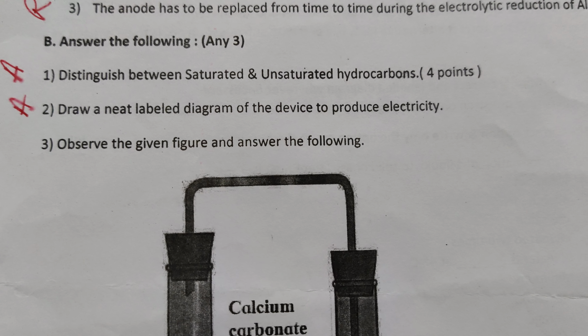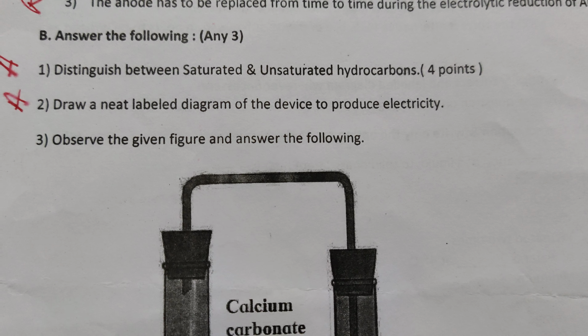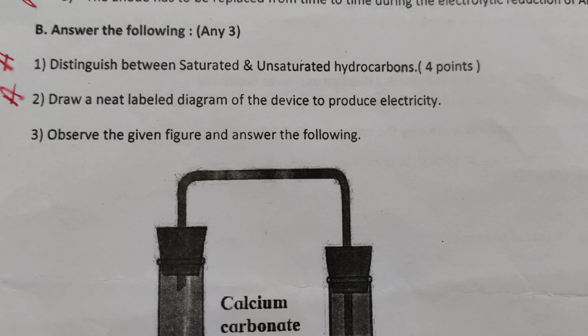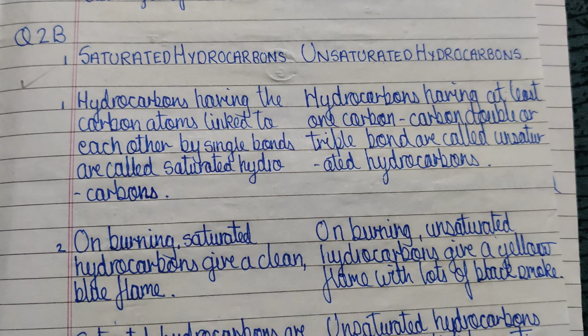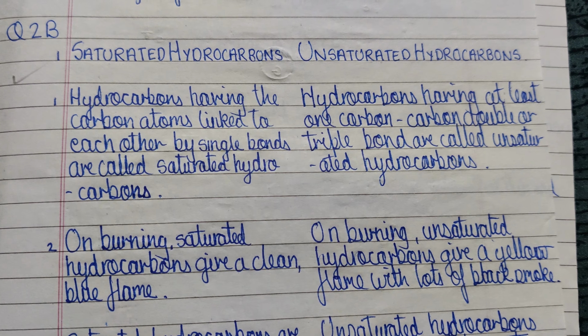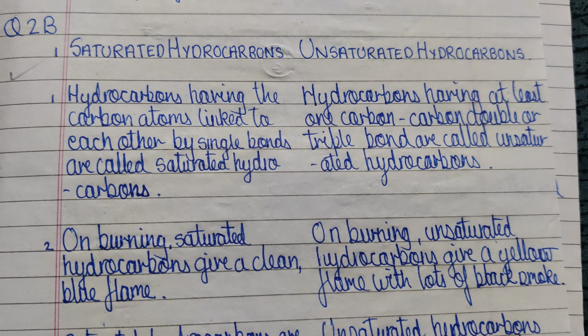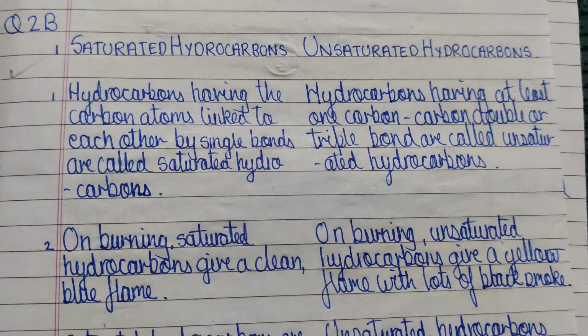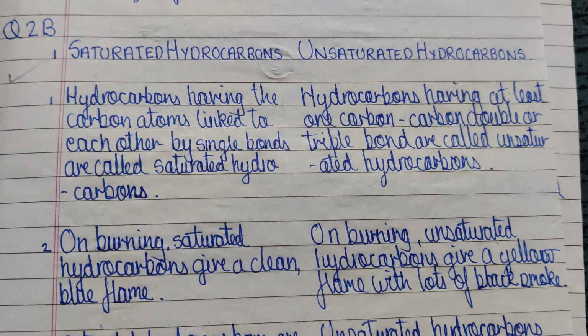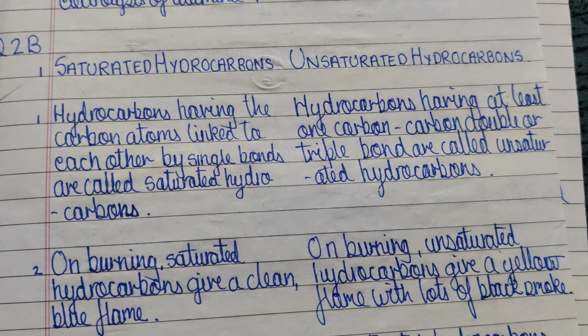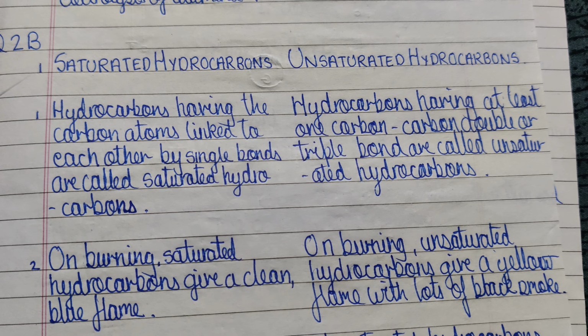Distinguish between saturated and unsaturated hydrocarbons, giving 4 points. Saturated hydrocarbons and unsaturated hydrocarbons. Hydrocarbons having the carbon atoms linked to each other by single bonds are called saturated hydrocarbons.